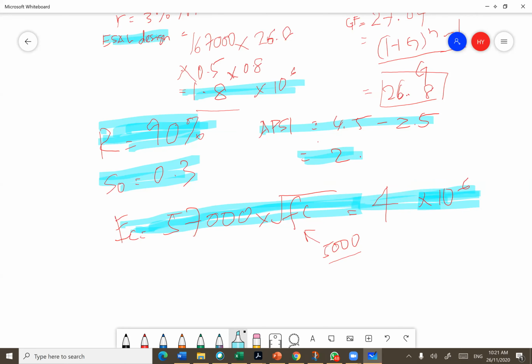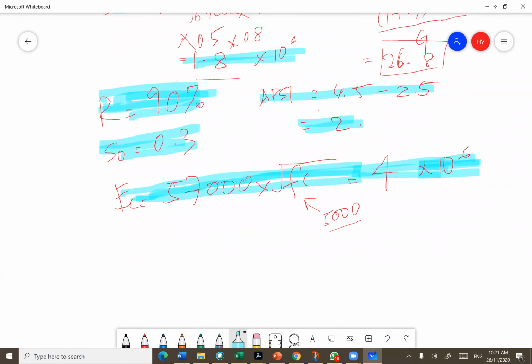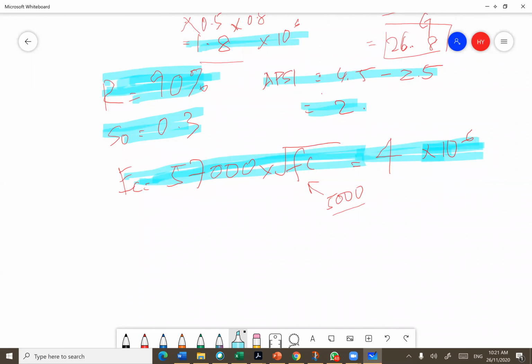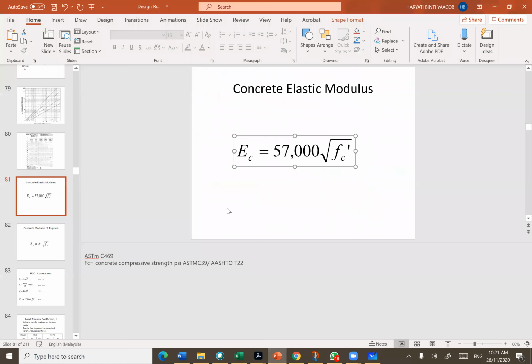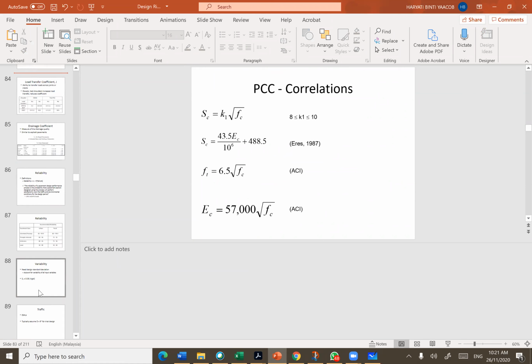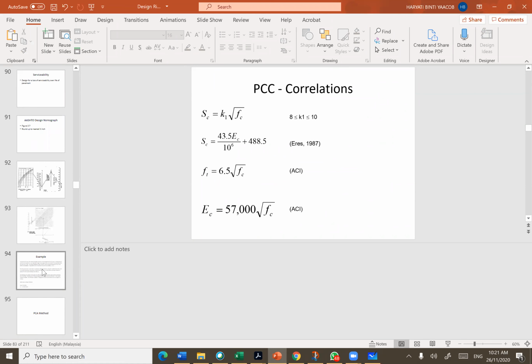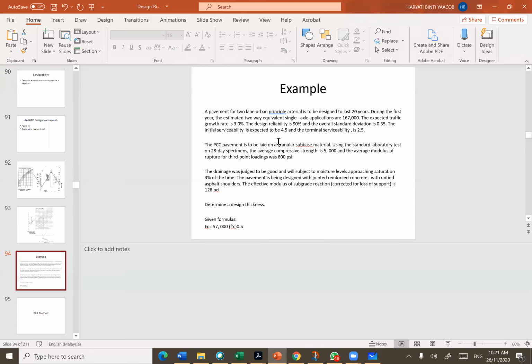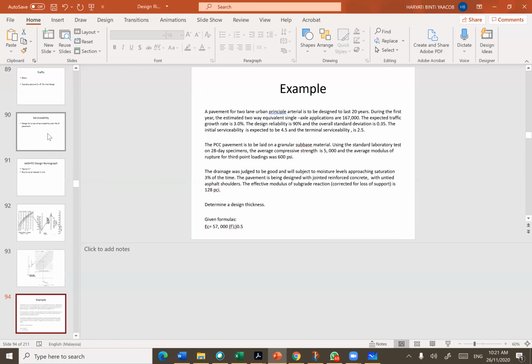What else? How about the drainage coefficient? In the question, the drainage is good and 3%.